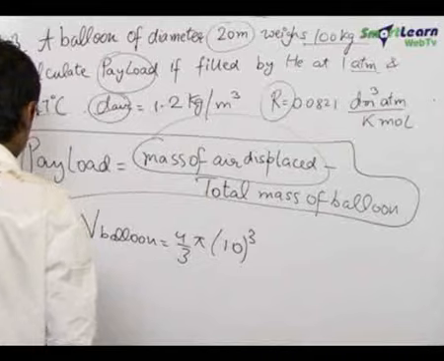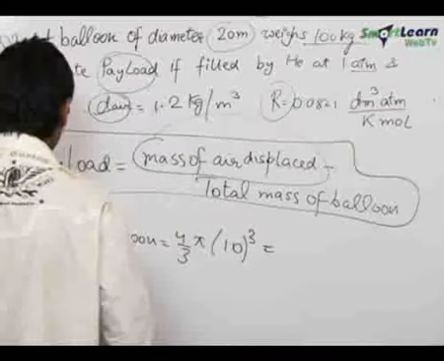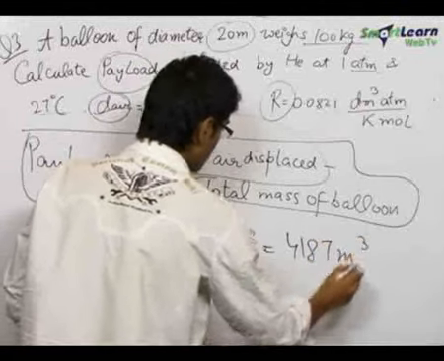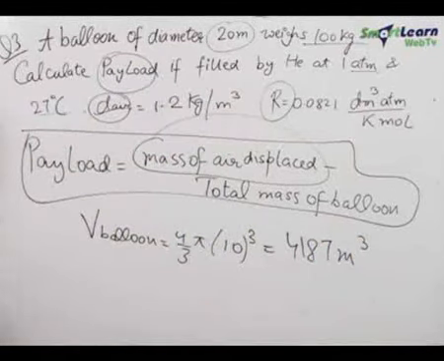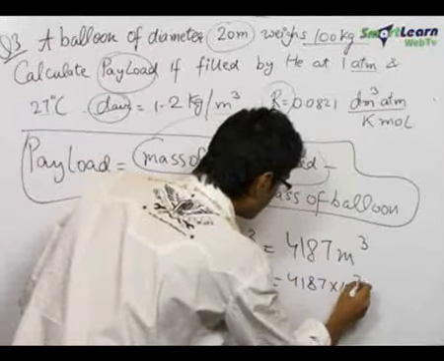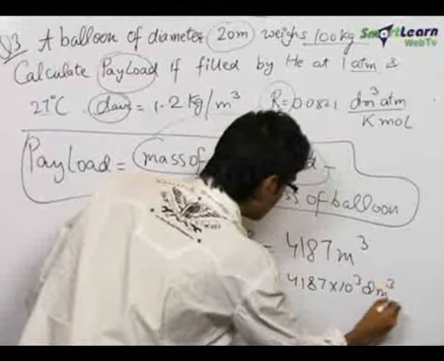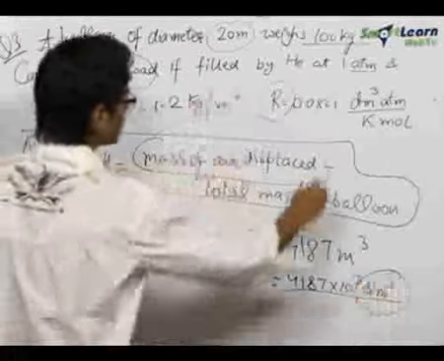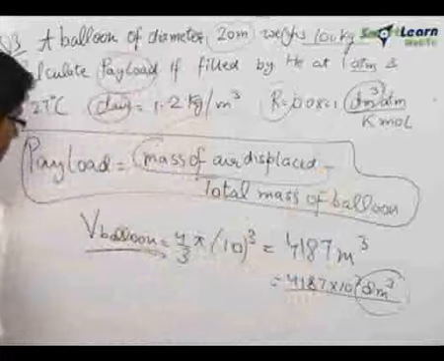Hence the volume of air displaced comes out to be 4187 m³, which is equal to 4187 × 10³ dm³. Here we are converting the volume into decimeter cube because the data is given in decimeter cube format.